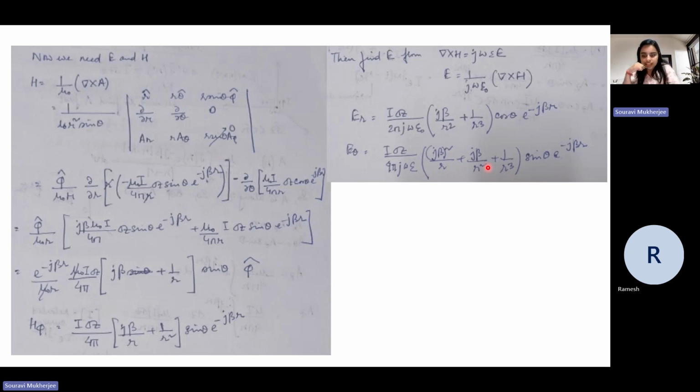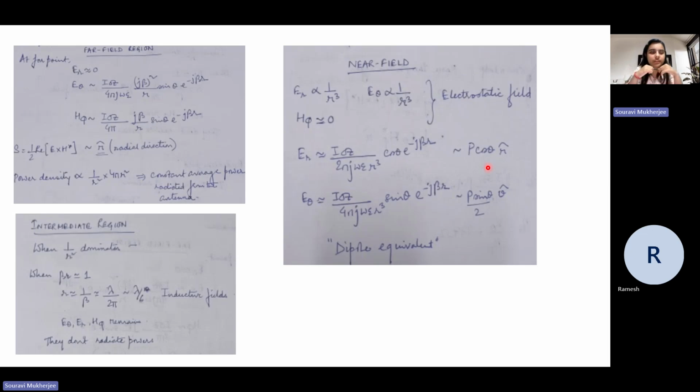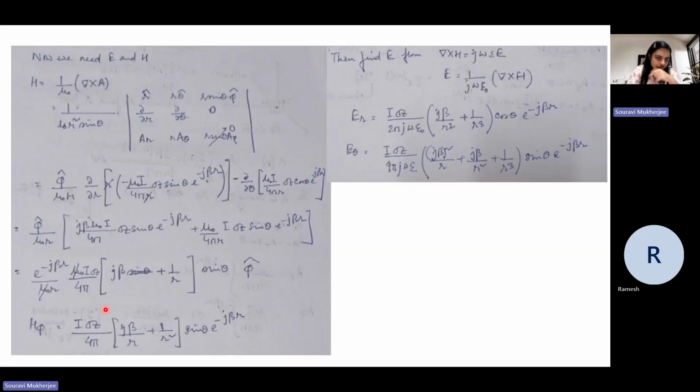That gives rise to different regions: you can have far field, near field, or intermediate region. So at the far point, if you look here, only the 1 by r term will be the dominant term.